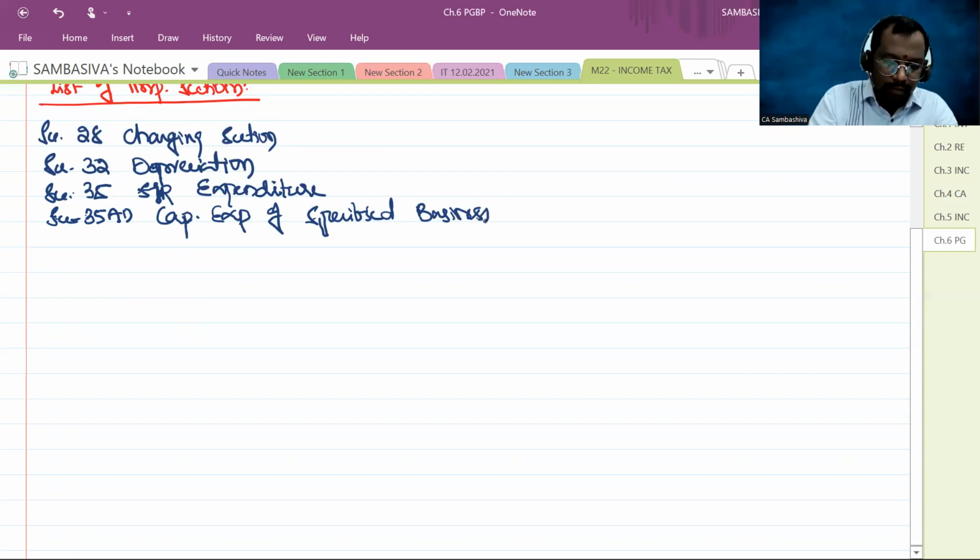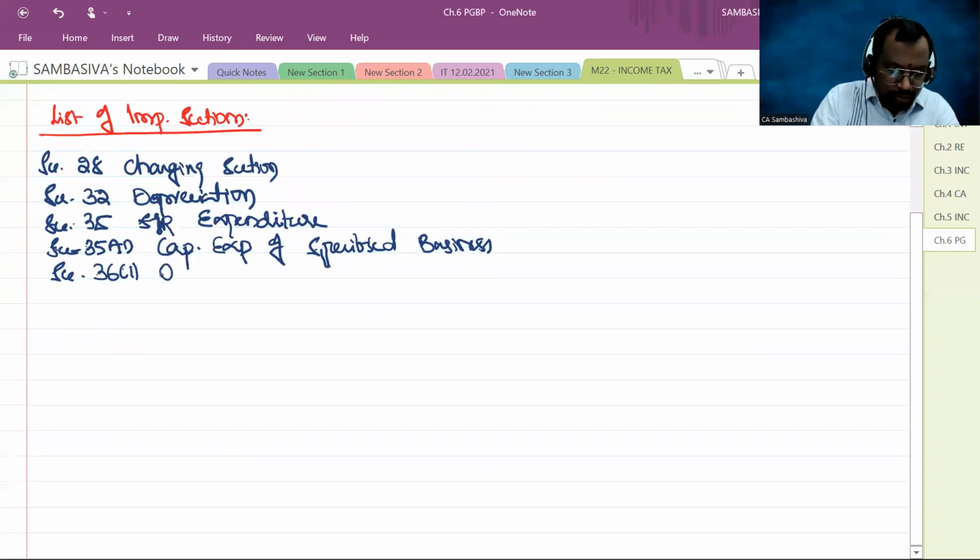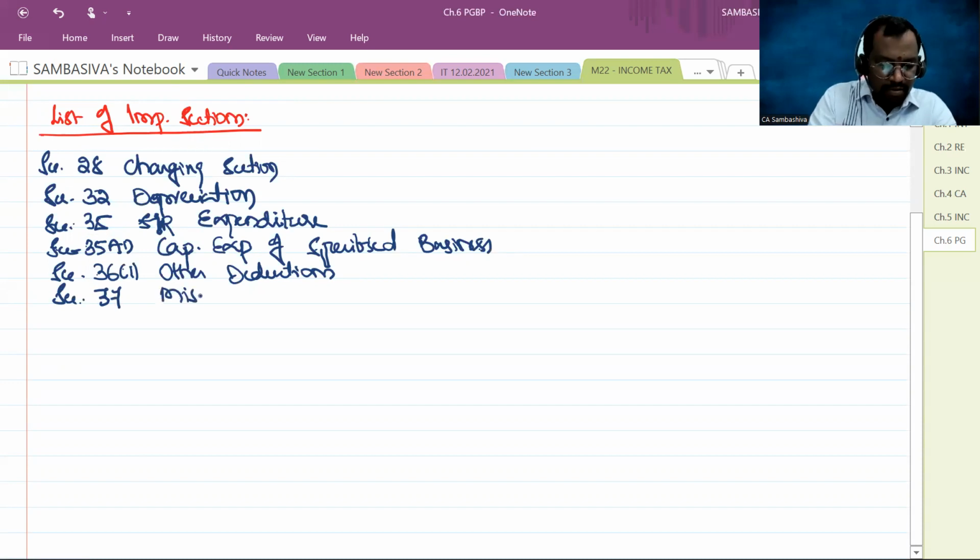And then section 36(1), other deductions. And next, section 37, miscellaneous deductions.